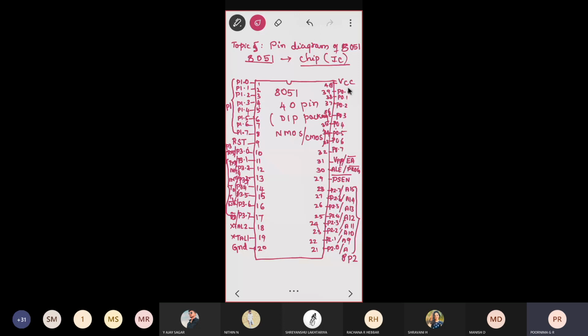And these pins have been multiplexed with address and data. AD0, this is with AD1, this is with AD2, this is with AD3, this is with AD4, this is with AD5.